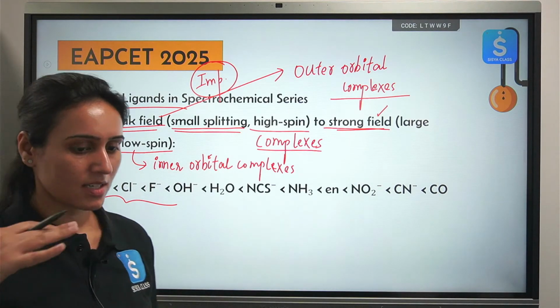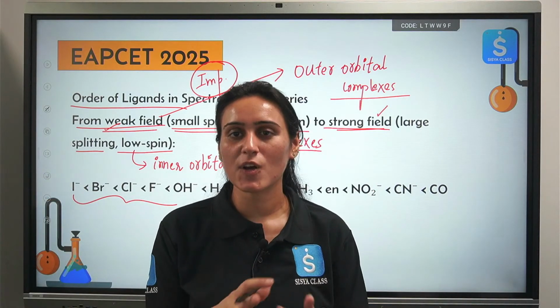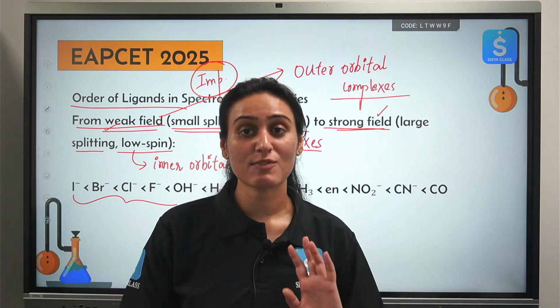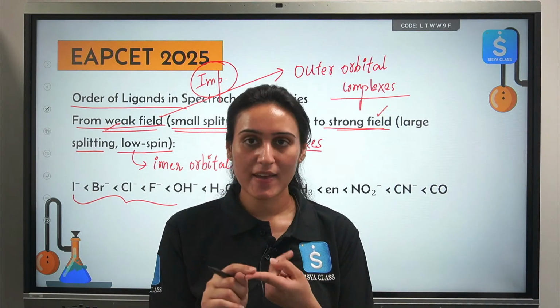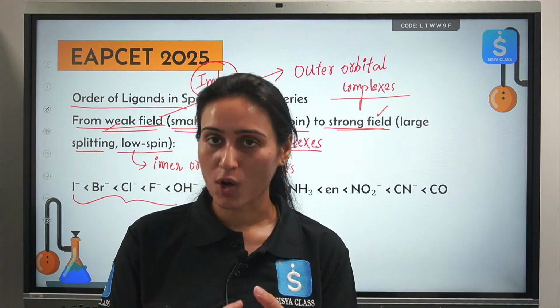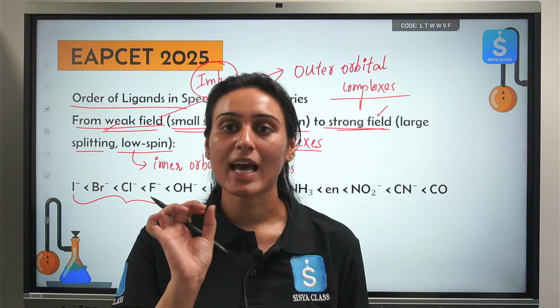There is a short trick by which you can remember the overall layout of the spectrochemical series. Obviously you have to remember the individual ligands, but for your understanding, we can have halide donors, we can have oxygen donors, we can have nitrogen donors, and finally we will have carbon donors.